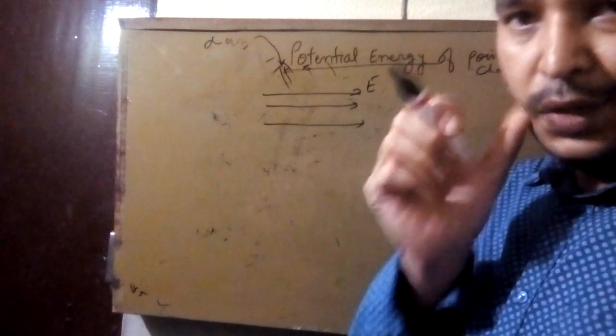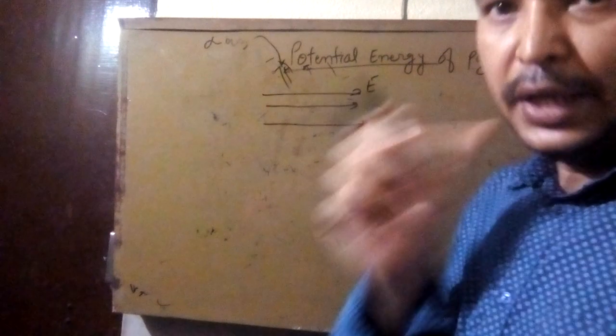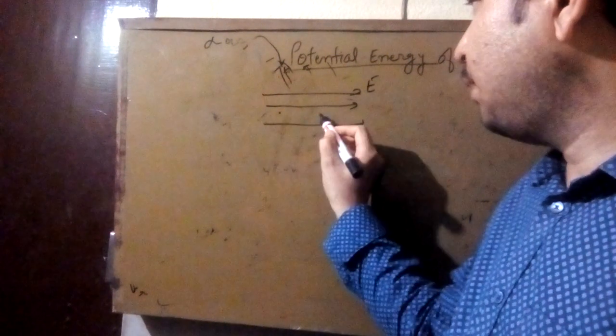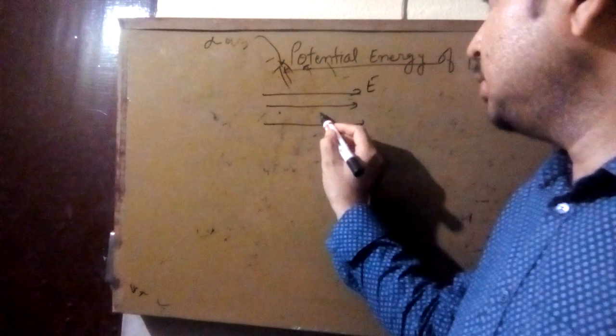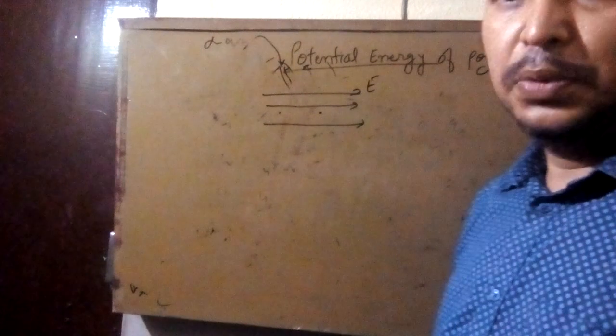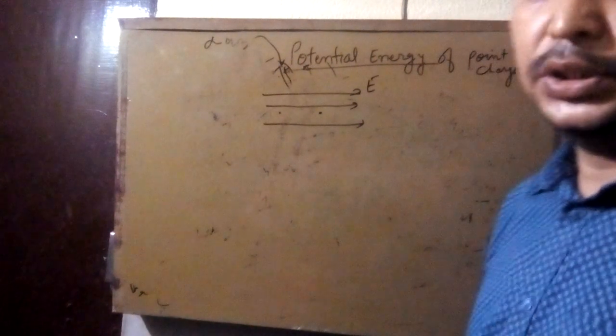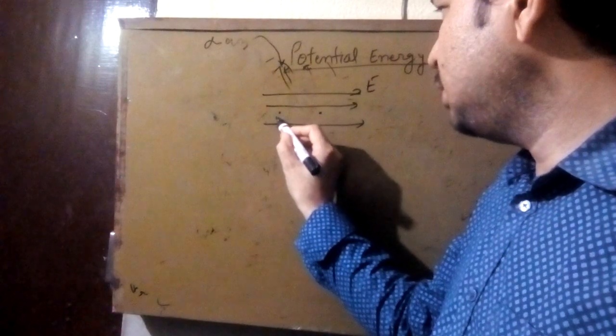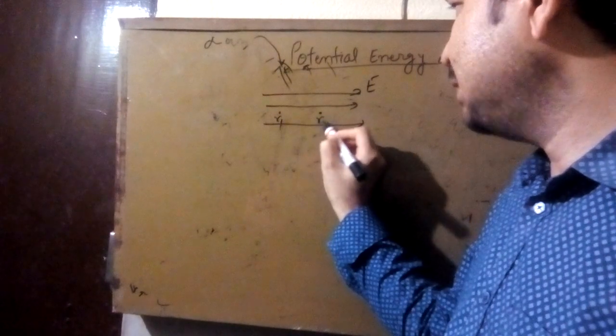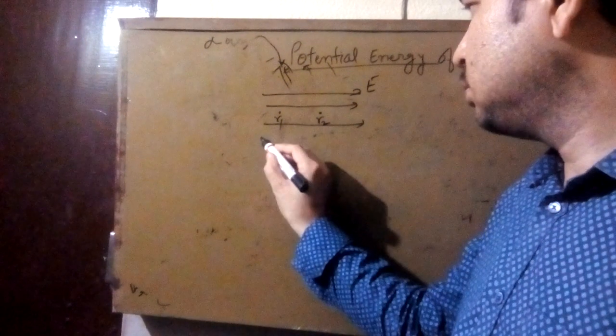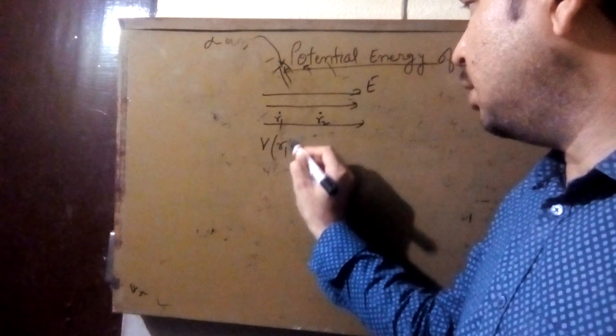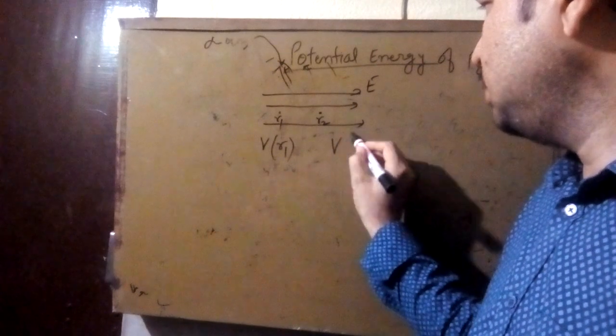Now all of you know, if there is an electric field, then the potential at different points will be different. Suppose there are 2 points and these 2 points have certain values of potential. If I represent this as position R1 and this as R2, then suppose the potential here is V(R1) and here is V(R2).